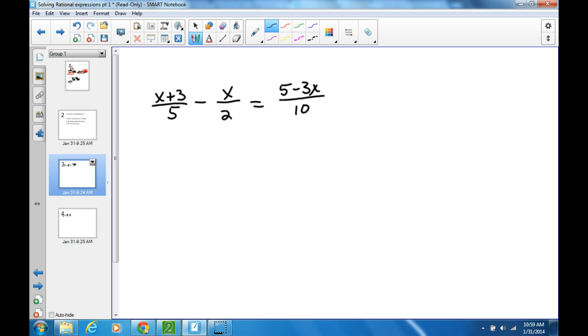20 would work. A smaller one also works though: 10. So what I'm going to want to do is multiply each of these by 10. Okay, so I am going to write it out. Times 10.